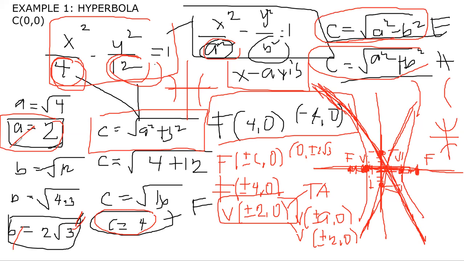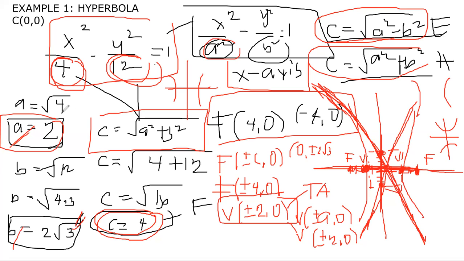After finding these three, A, B, C, dun yung time na pwede na tayong mag-graph. We all know na yung C is our foci. Kung nasa x-axis tayo, therefore, ang ating coordinates are positive, negative C, 0. So, ito yung foci natin na isa at ito. And then, what is our vertex? We all know na dun sa transverse axis natin, class, is A ito.